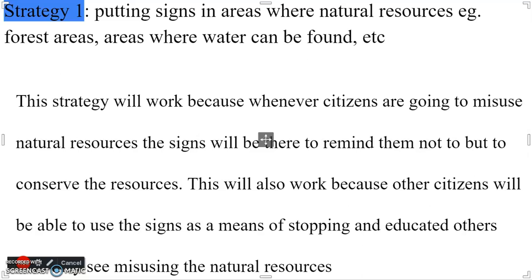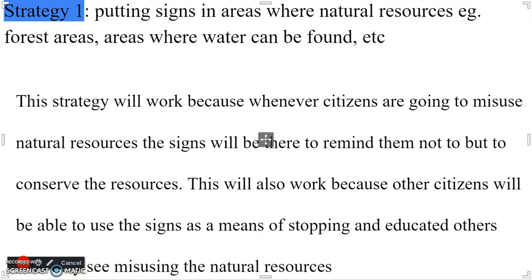For example, if you're at the beach and they're going to dump garbage in the water, they will see the sign, no dumping, right? So that will prevent them from dumping the garbage in the sea, right? If they're going to cut down trees and they see the signs, no cutting down of trees, that will prevent them from doing so, right?